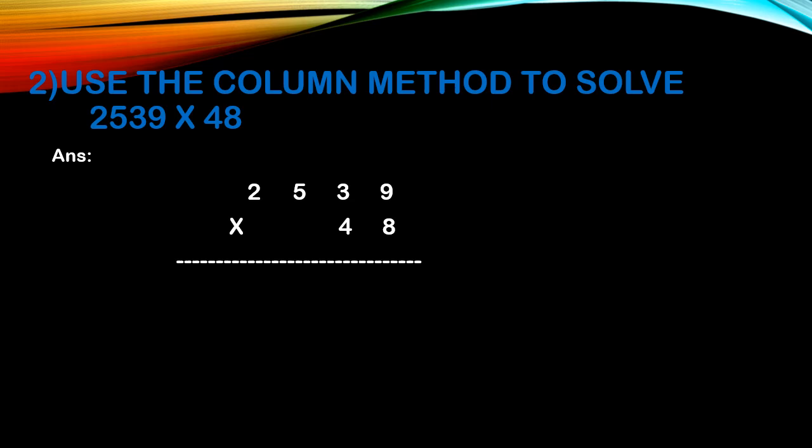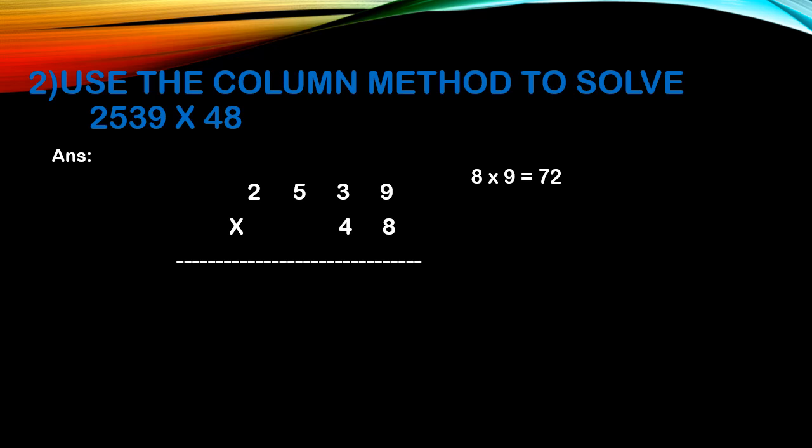We have to multiply 8 by the 4-digit number. So 8 9s are 72. Here we got a 2-digit number as the answer, so we have to regroup. We have to regroup if the digit in any column is 10 or greater, that means when we get a 2-digit number.